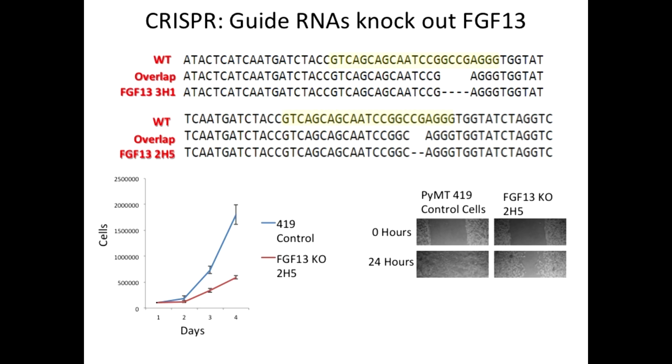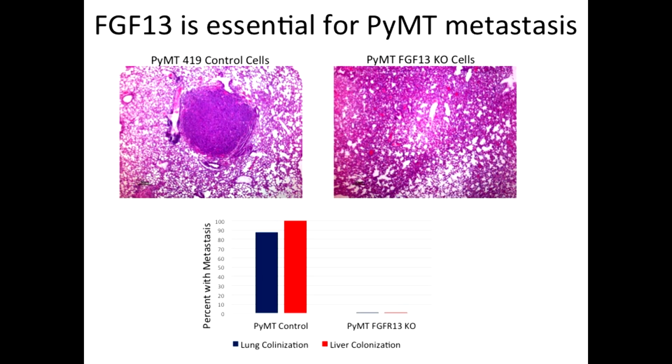In our control cell line, the 419s on the left, looking at a section of the lung, you can see that viable metastases form. With the knockout of FGF13, that single gene has blocked the ability of these cells to metastasize. At the bottom is the quantitation, but it's not just metastases to the lung, it's also metastases to the liver, and it's an off-on situation right now.